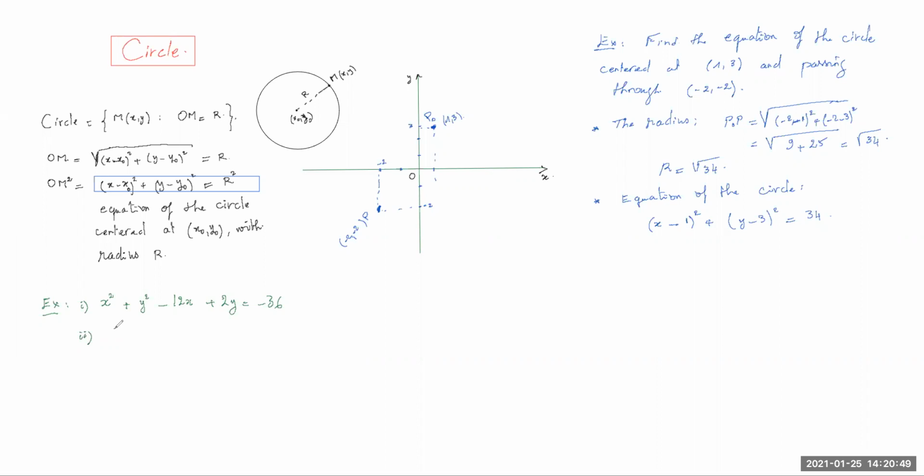Second, the same x² + y² - 12x + 2y = -37. And the third situation is the same expression, -12x + 2y, but equal to -38.